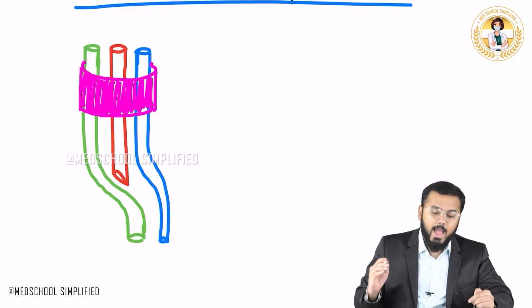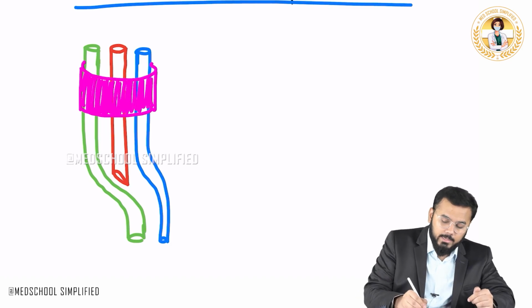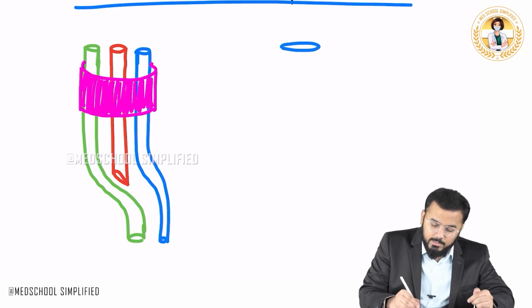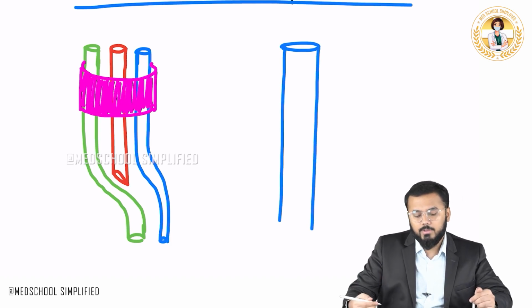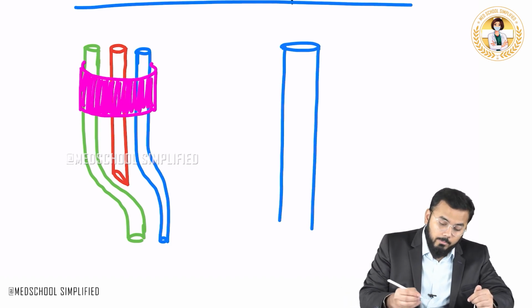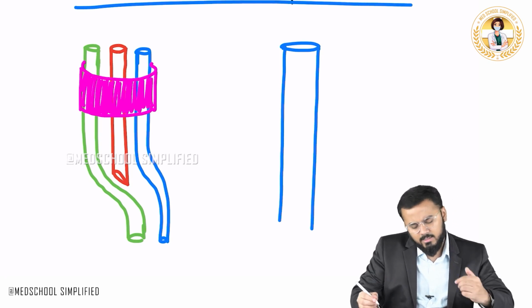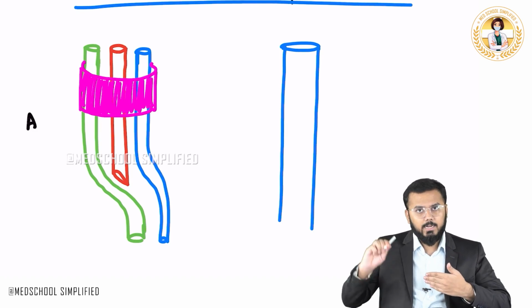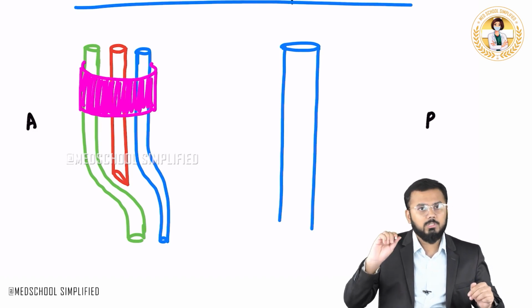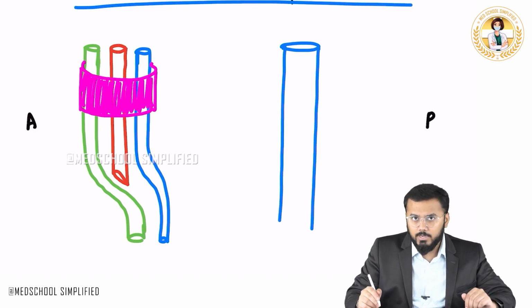On the back side, you have a vein like this. This vein located on the back is called your inferior vena cava. This is the anterior side, and the back is the posterior side. On the posterior side, you have your vertebrae.